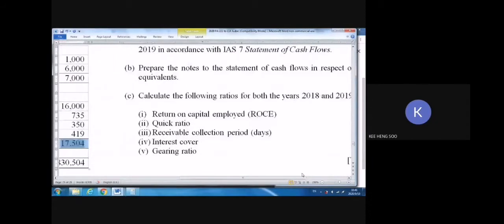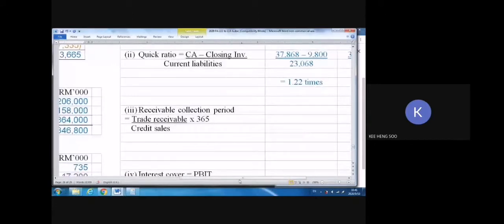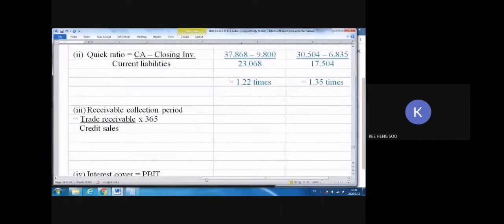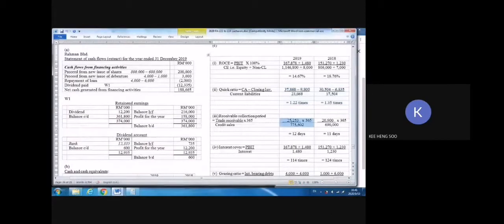Then receivable, interest cover, and gearing ratio. Receivable divided by sales.